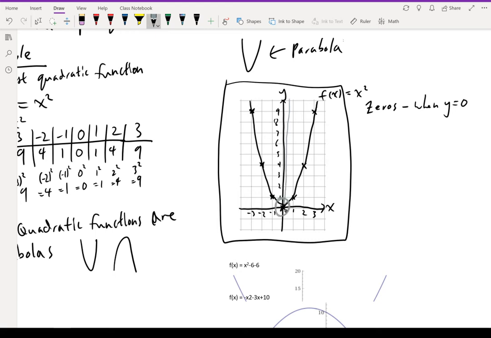This is our y equals 0. Then we would see that when y equals 0, x is also equal to 0. And this is what we call our root. There is only one. It touches the 0 right there.